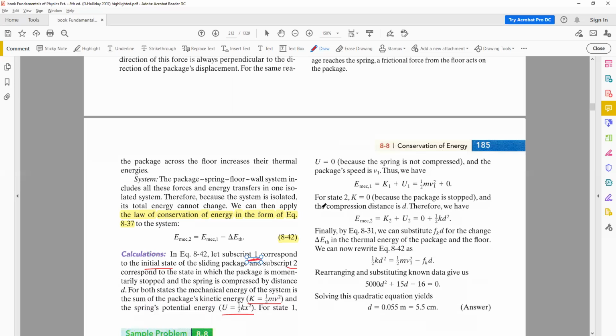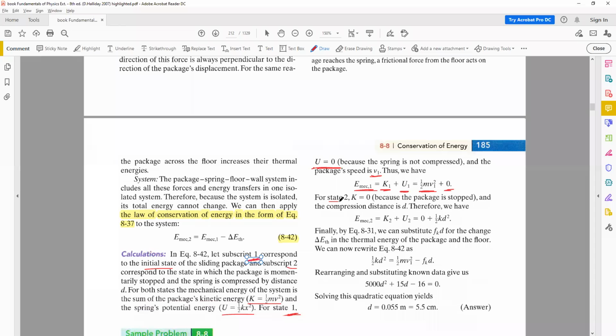Therefore, for state 1, the potential energy is 0 because the spring has not yet been compressed, and the package has a speed v1. Therefore, the state 1 energy will be a sum of k1 and u1, where k1 is equal to half mv1 squared and u1 is 0. So this is the first expression.